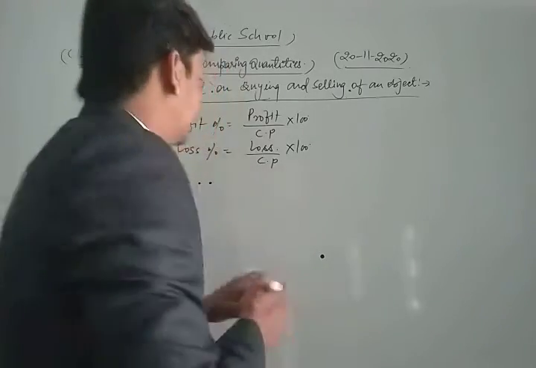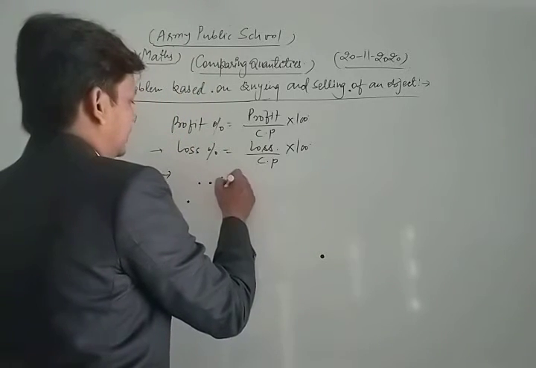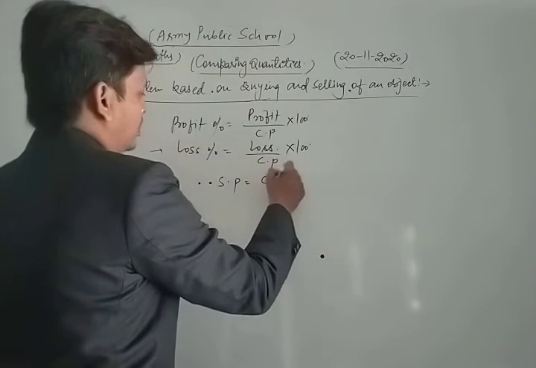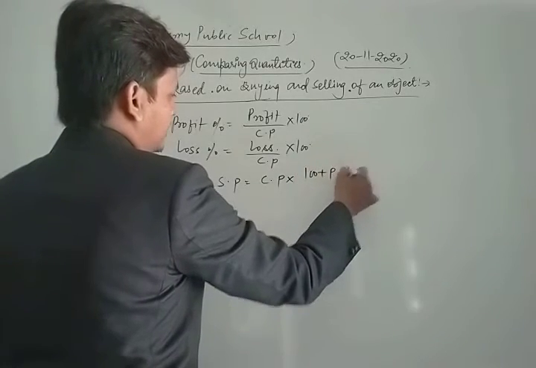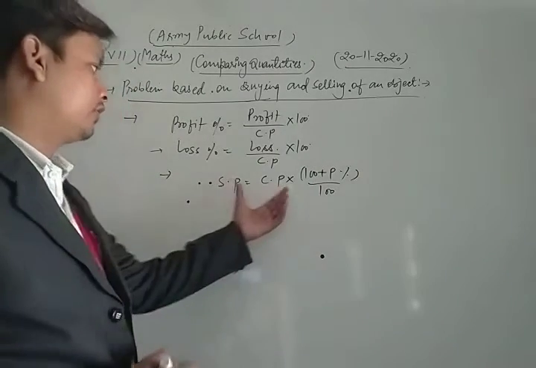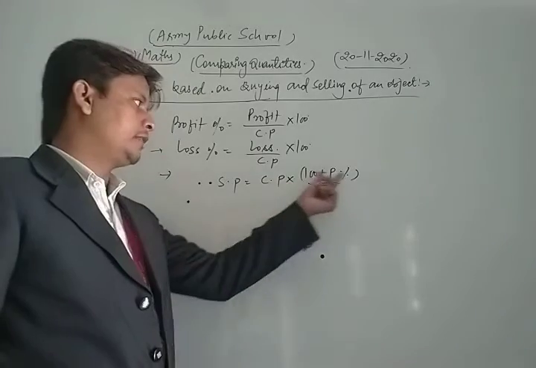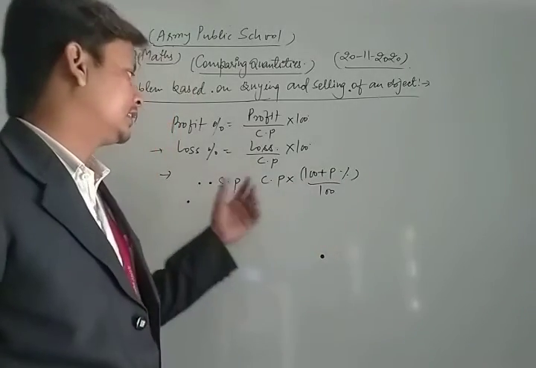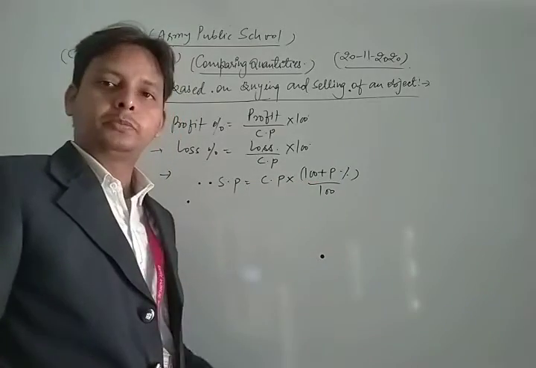The next formula, for the selling price, is equal to cost price into 100 plus profit percent by 100. We apply this formula whenever cost price and profit percent are given.